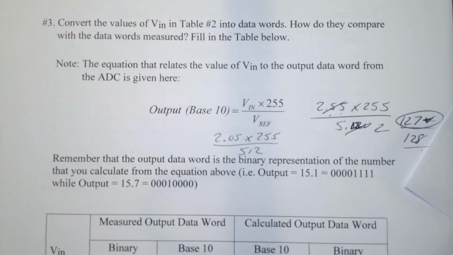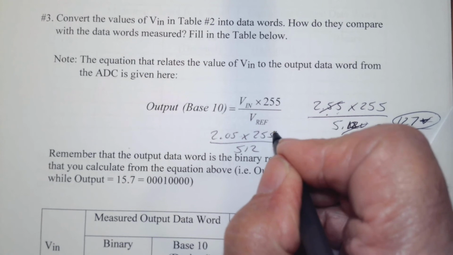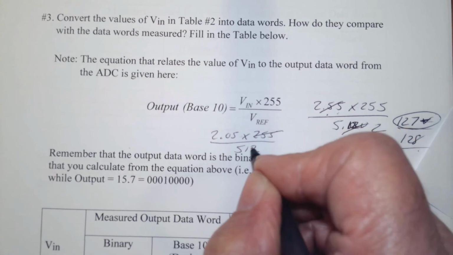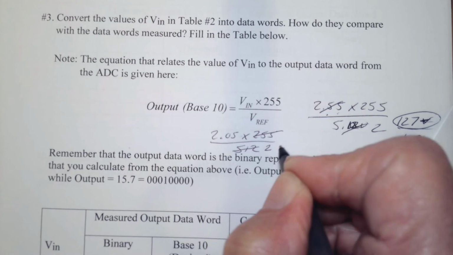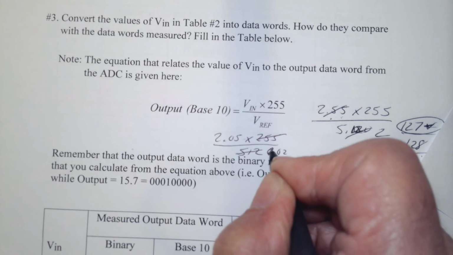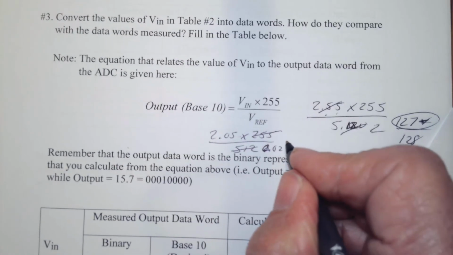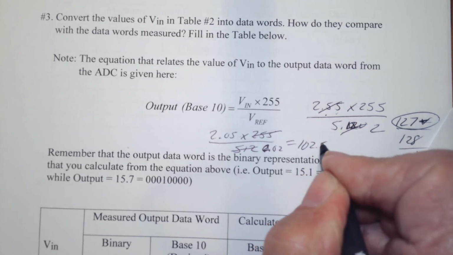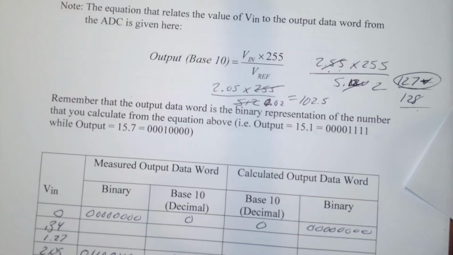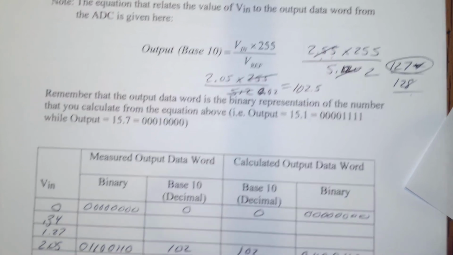Again, I'm going to simplify just a little bit and call this 256, and divided by 5.12 I get 0.02. If I divide 2.05 by 0.02, I'm going to get 102.5. Of course, we got 102, so we should get 102 out, which in binary would be 0110 0110.